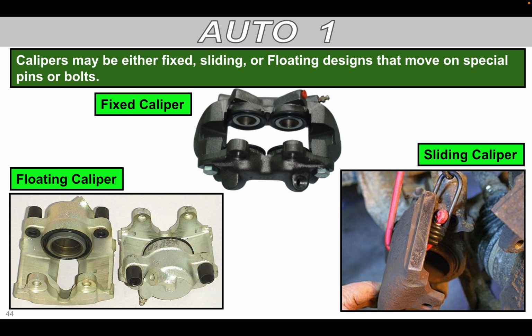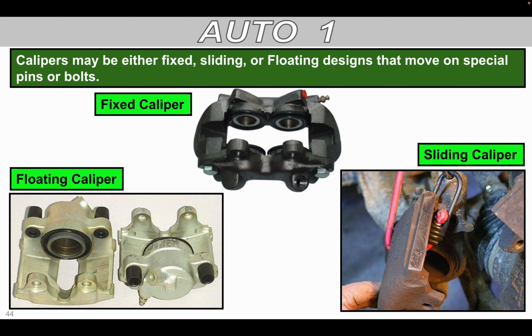A fixed caliper only has basically two bolts that are attaching the caliper to the steering knuckle. It does not have a bracket. The fixed caliper does not slide or shift back and forth under operation.